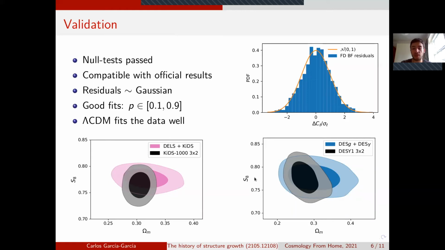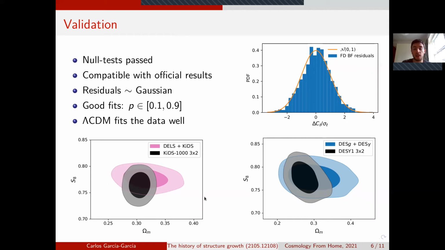We can see here on the bottom the plots of S8 and omega matter, and we see that they are compatible. In black, we are showing the official results, and in pink, red and blue, our results. You can see that there are some discrepancies, but the main reasons are different modeling and also different scale cuts.